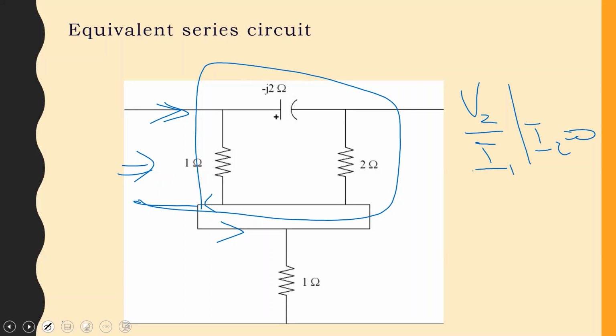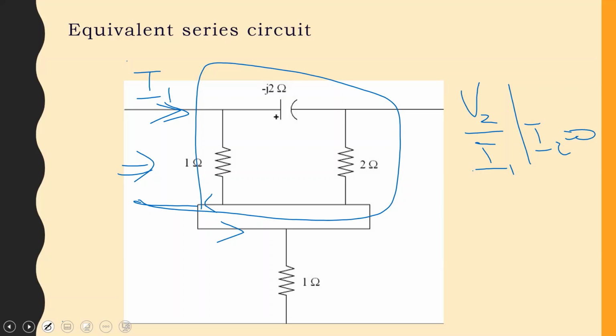So, based on I1, what would V2 be equal to? Where is V2? Across the 2 ohm.